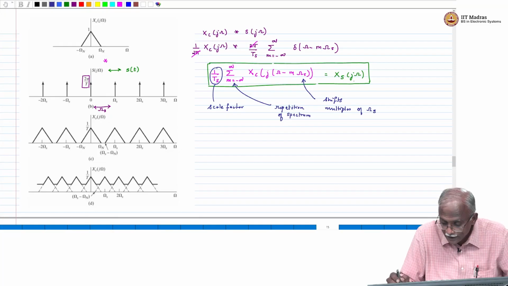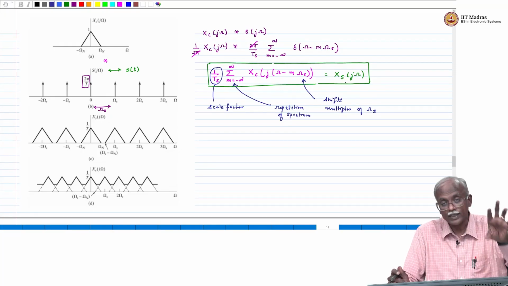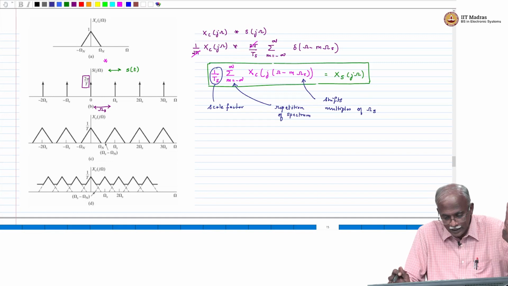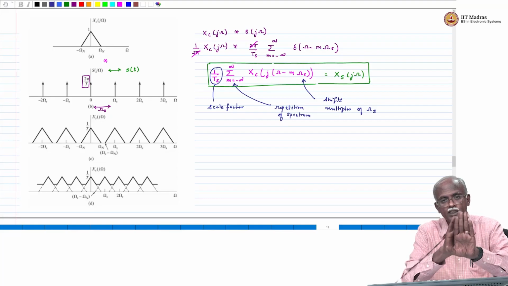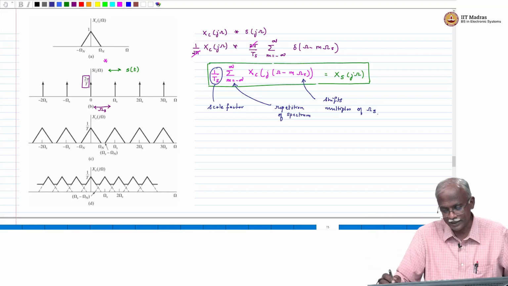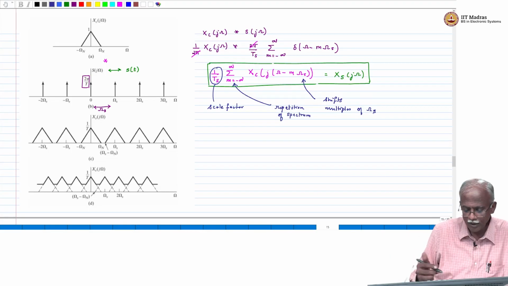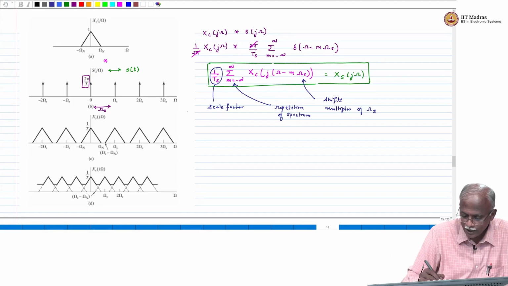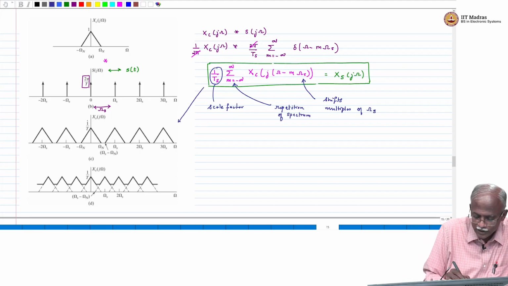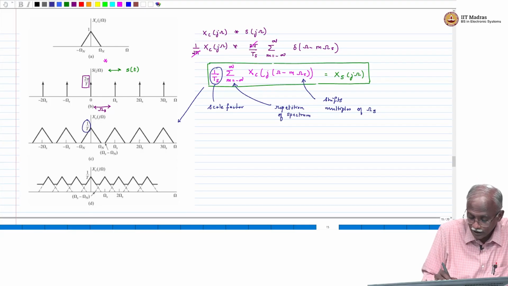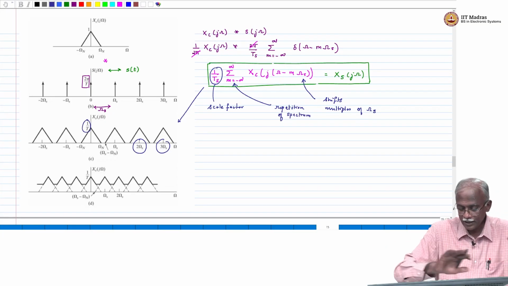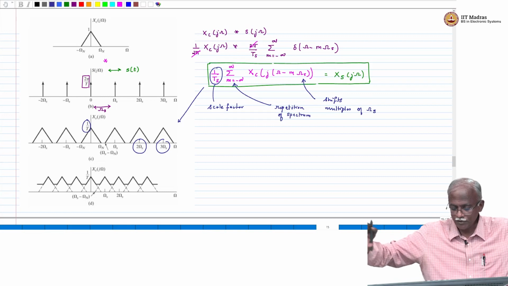So the spectrum will be a scale factor 1 over Ts, then infinite number of repetitions of the spectrum with each copy shifted by multiples of omega s. Okay, so I hope you are able to understand, and this equation is exactly what we have here. Notice that we have the scale factor of 1 over Ts. You have the signals all at different shifts of omega s, and there are infinite number of them which are present from start to end.